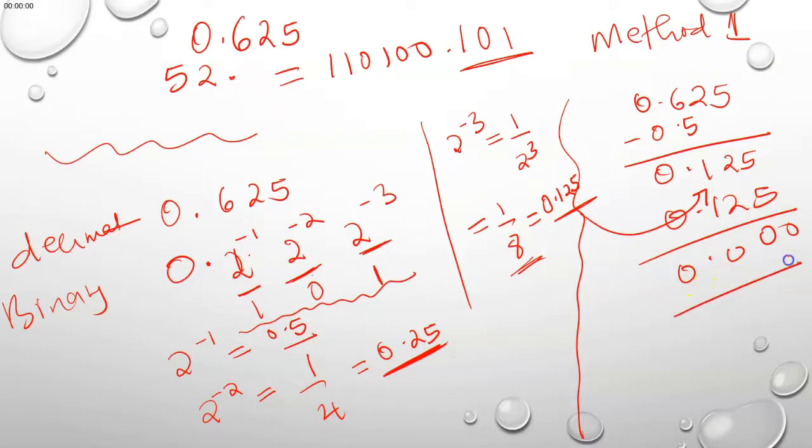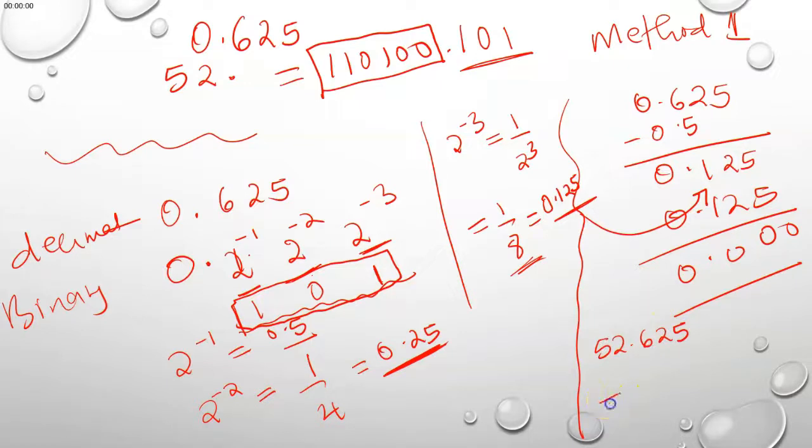And therefore, we say that 52.625 is going to be represented by this integer portion and the fraction that we obtained earlier. So the final answer is that 52.625 is equivalent to 110100.101 in binary numbers. That is our final answer.